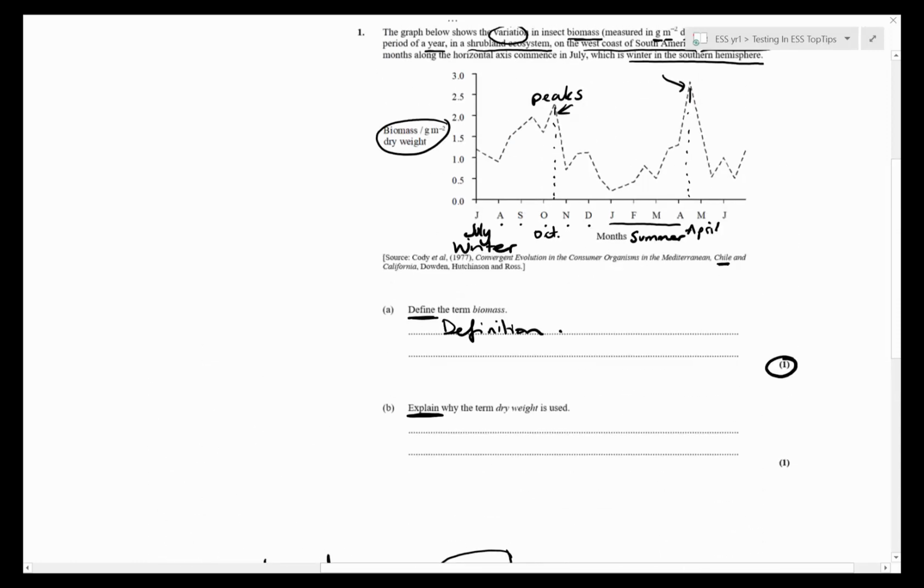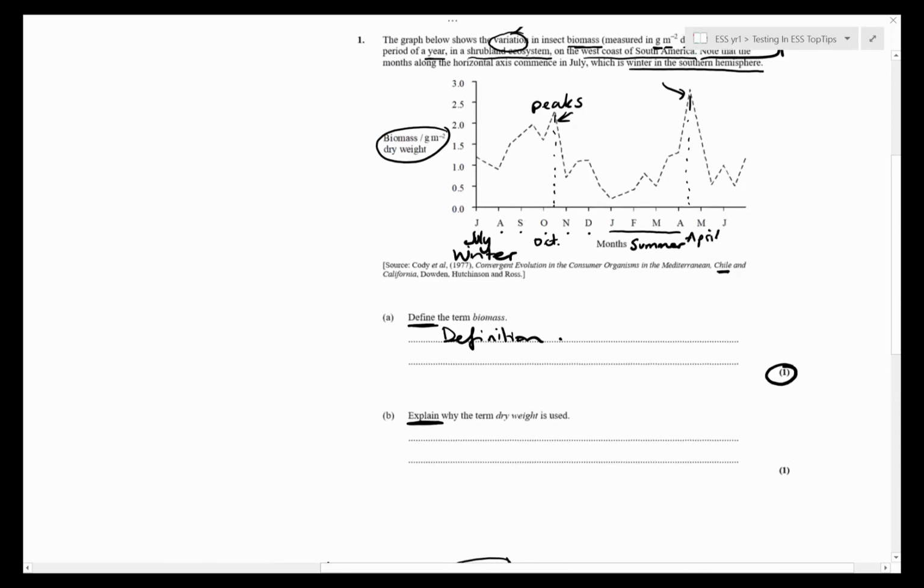Okay, so in our graph here, remember we've got from July to mid-October, we've got an increase in biomass. From mid-October to January, we've got a decrease, and then it starts to increase again to mid-April, and then decreases to June.